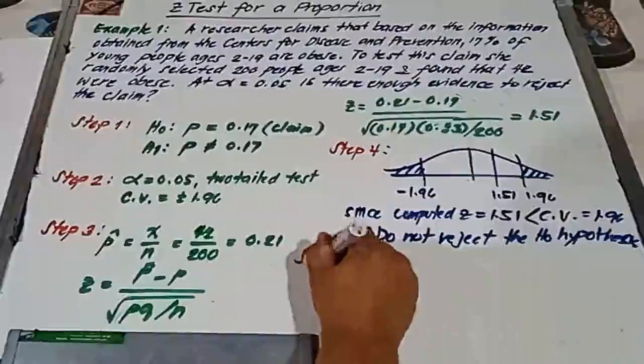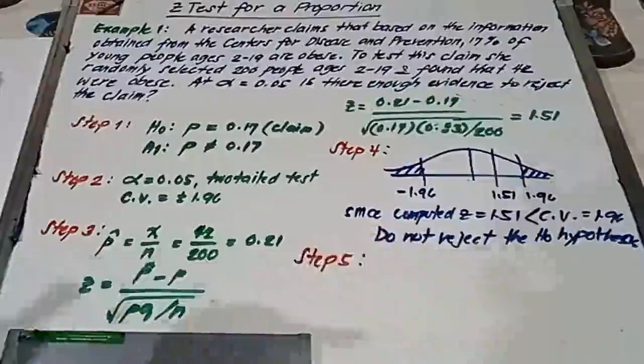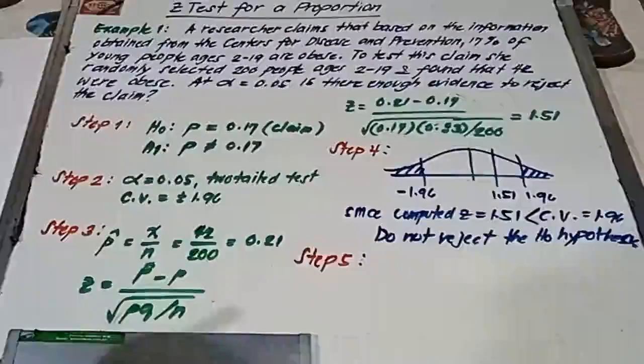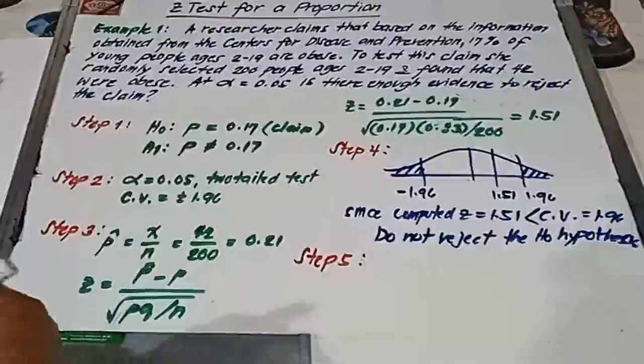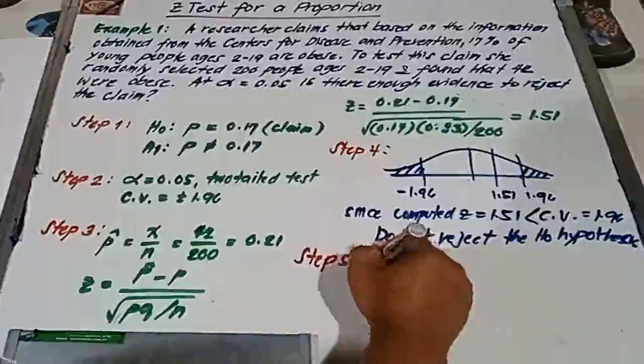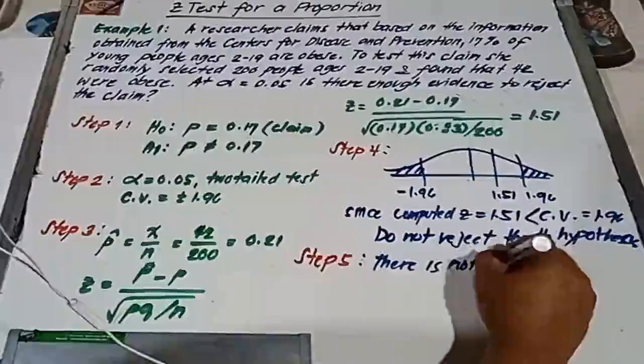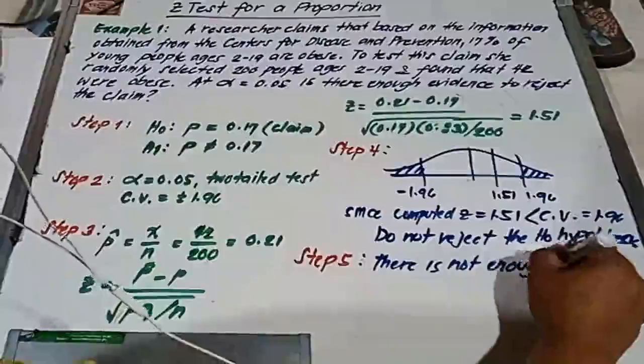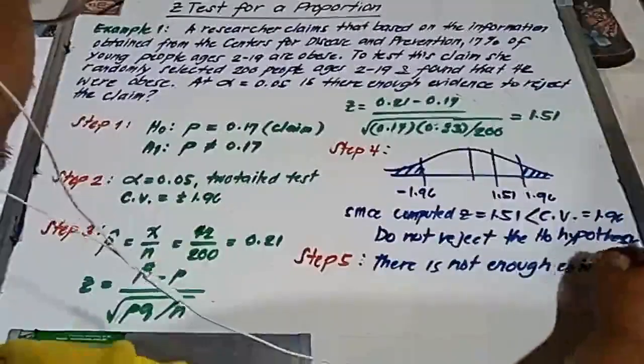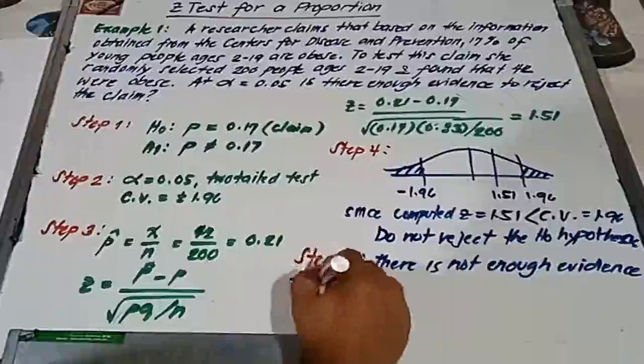Step 5. Our step 5, there is not enough evidence to reject the claim. Okay?